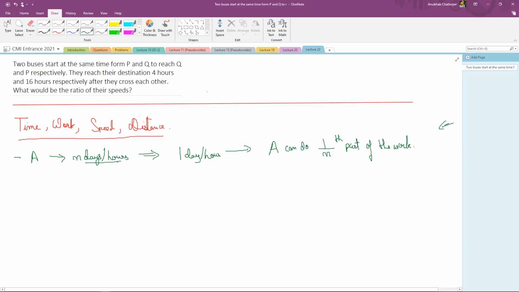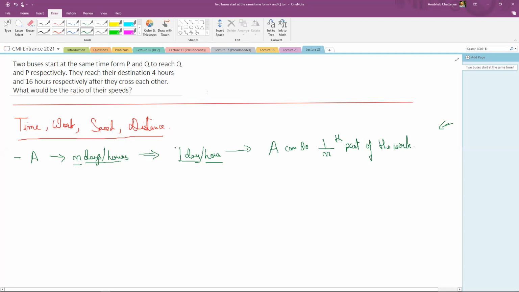Sure, of course. So if A can do a piece of work, let's say you have asked A to clean a tank or build a wall, and it takes him n days to build a wall, or n hours to clean a tank, then in 1 day or in 1 hour, A can finish one nth part of the work.